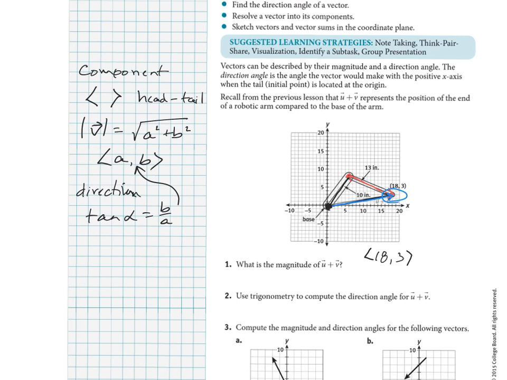That is not just the point, it's also component form because of the way it's drawn from 0, 0. So the magnitude of u plus v would be indicated like this, u plus v, the name inside the absolute value bars, and we would simply do the square root of 18 squared plus 3 squared.